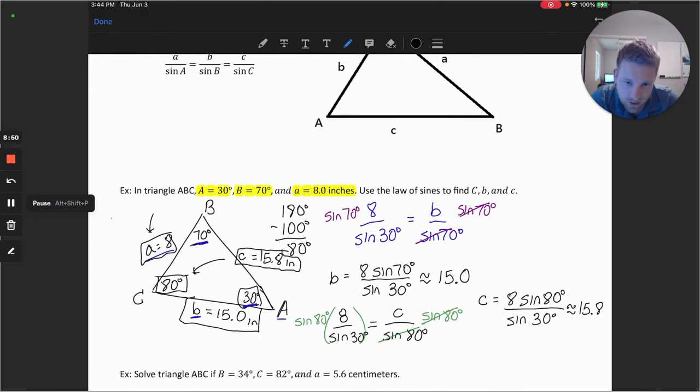So that's a good check to make after you're done with an obtuse triangle like this. Make sure that your larger angles correspond to the larger side lengths. So that completes this problem, and we'll take a look at a second law of sines problem next.